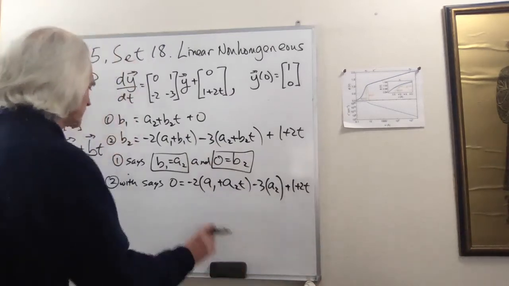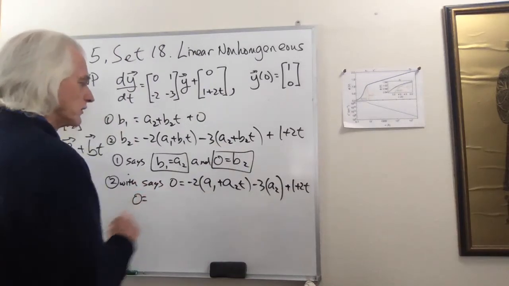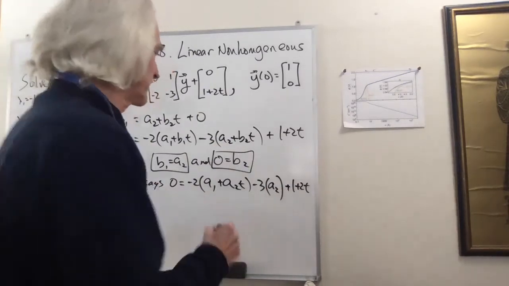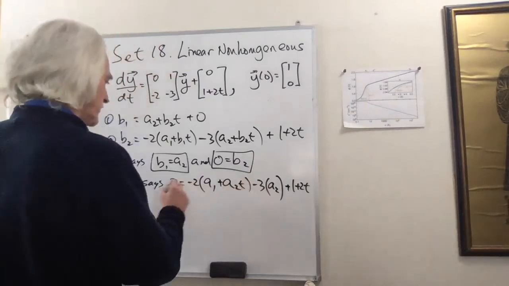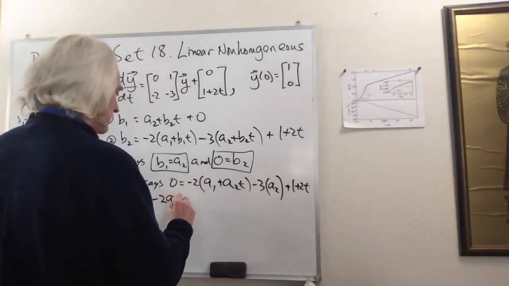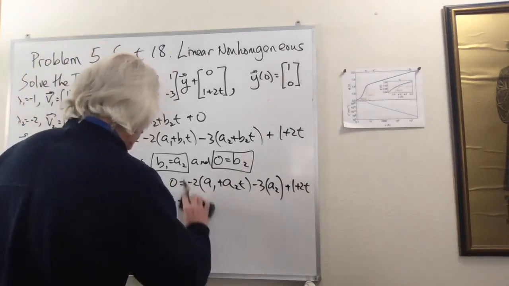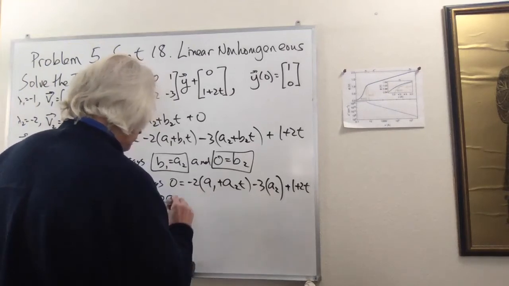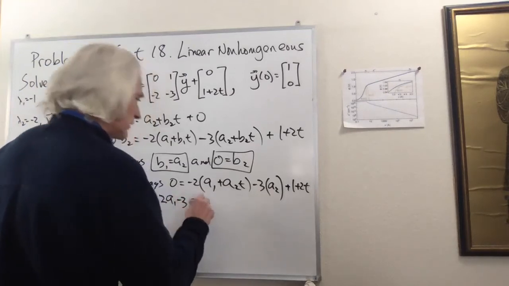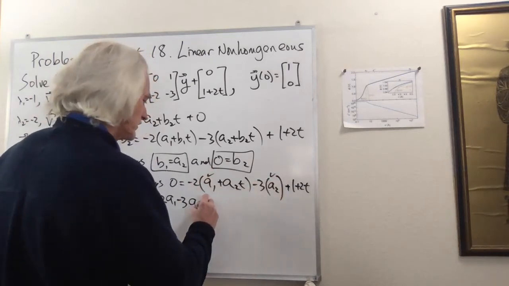All right. So let's simplify this a bit. I get 0 equals. Let's combine all the things that don't have t's in them, and I have minus 2A1 minus 3A2. Oops. I took care of that term and that term, and I also have plus 1.